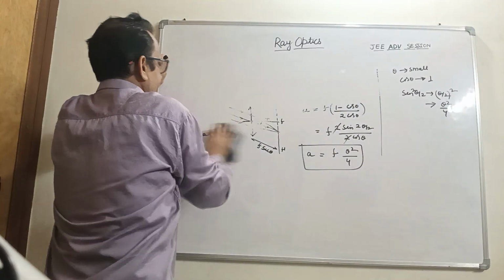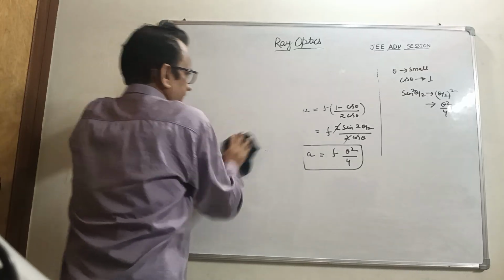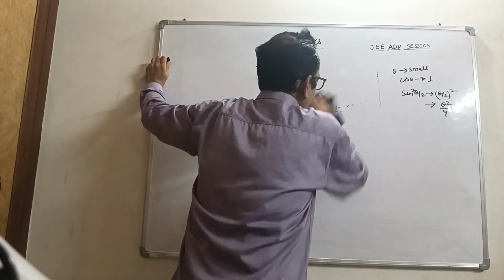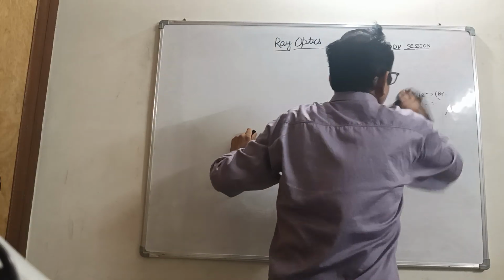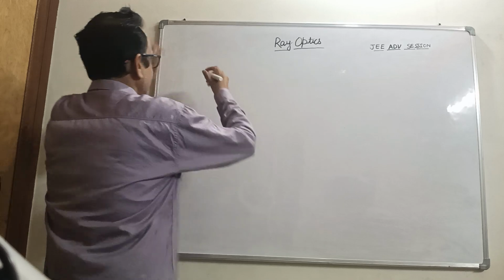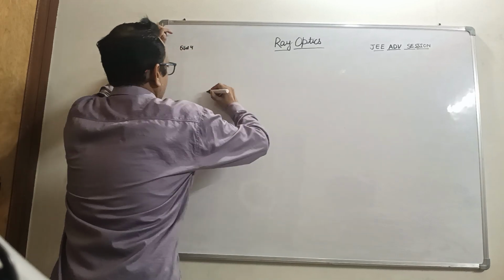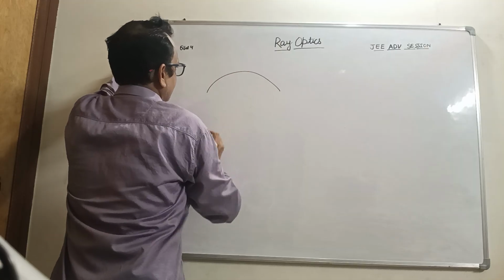In this problem, a concave mirror is, question 4, like this.